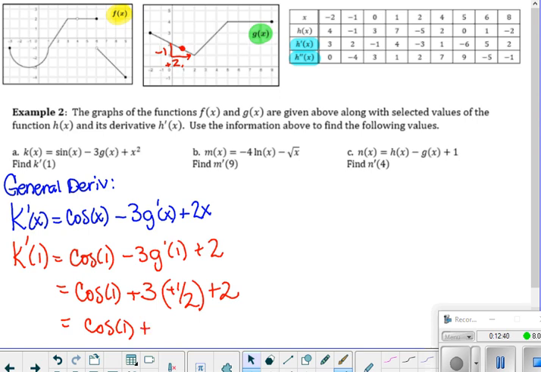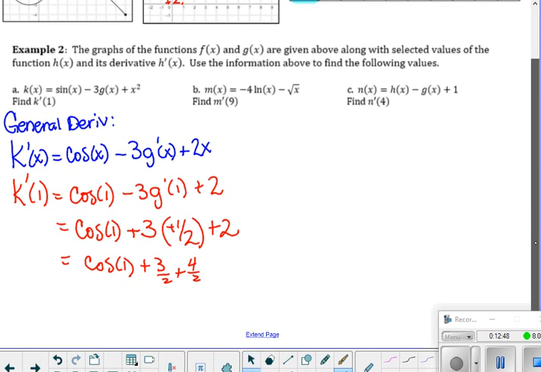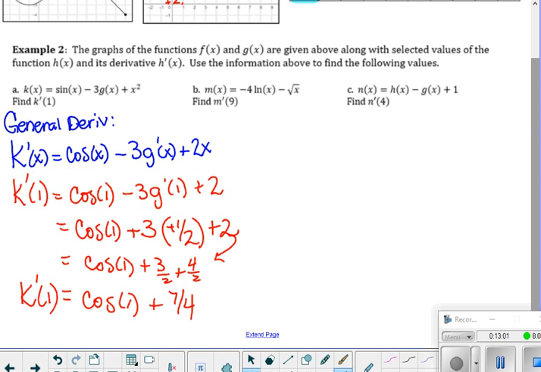So plus 3/2 plus 4 over 2. Looks like we're going to get 7/2, doesn't it? See how I converted 2 into 4/2? So final answer, cosine of 1 plus 7/2. K prime of 1. Oh, wow. This is going to take us some time getting through these, right?